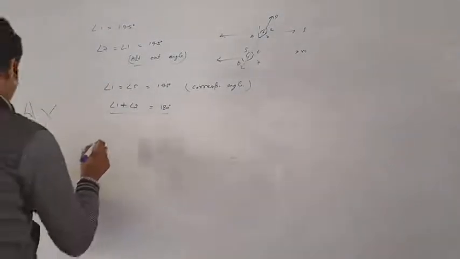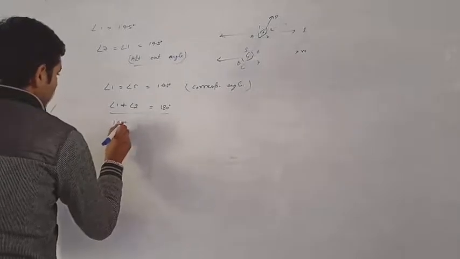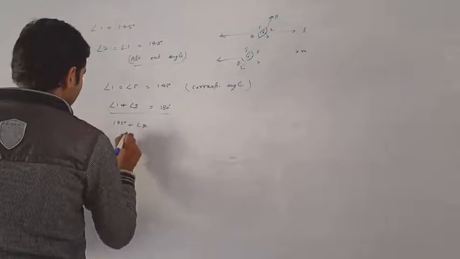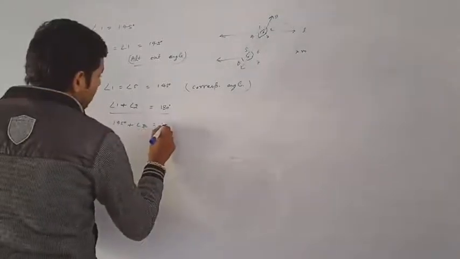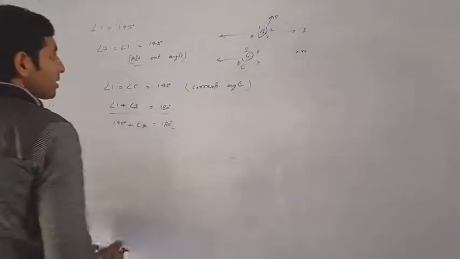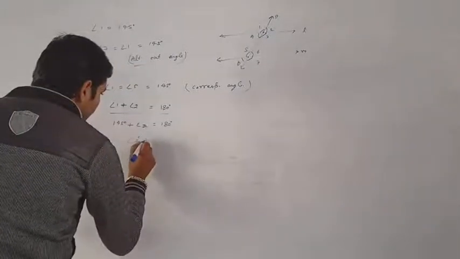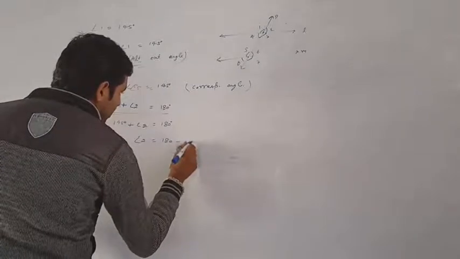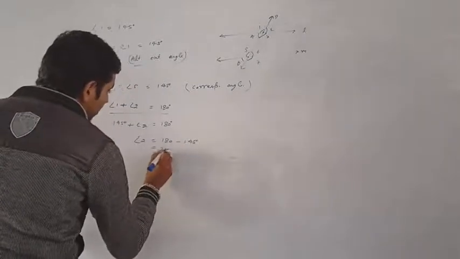So 145 degrees plus angle 2 is equal to 180 degrees. Now angle 2 is equal to 180 degrees minus 145 degrees, so it is 35 degrees.